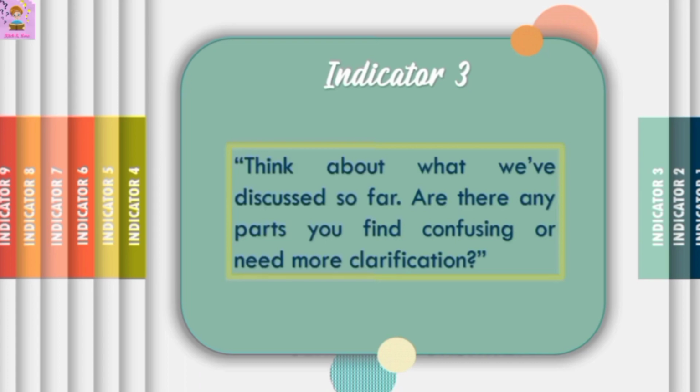For example, you might say, "Pause for a moment and think about what we've discussed so far. Are there any parts you find confusing or need more clarification?" This encourages metacognition by prompting our students to monitor their comprehension and identify areas where they may need help.